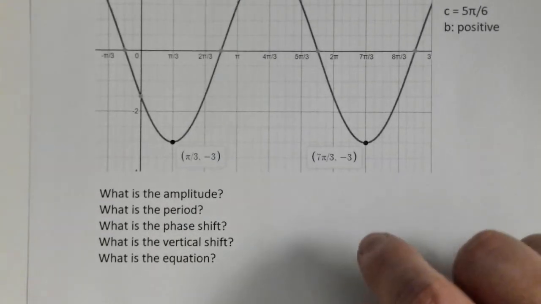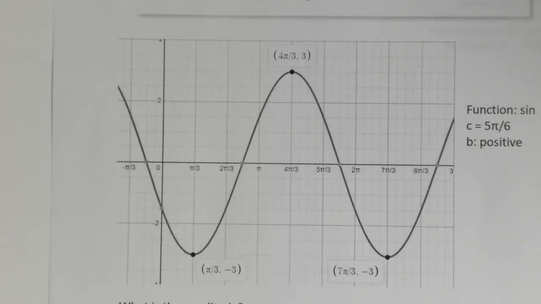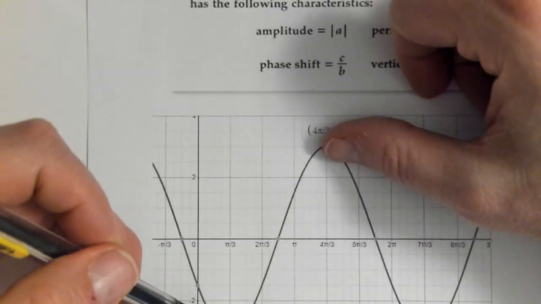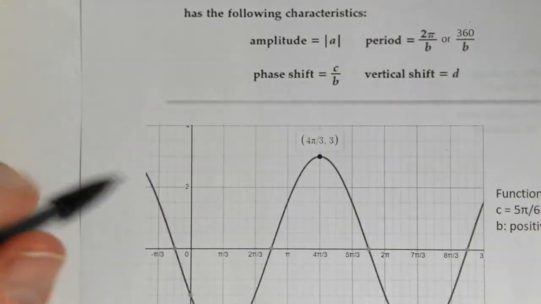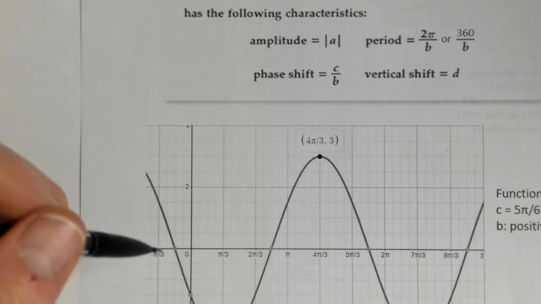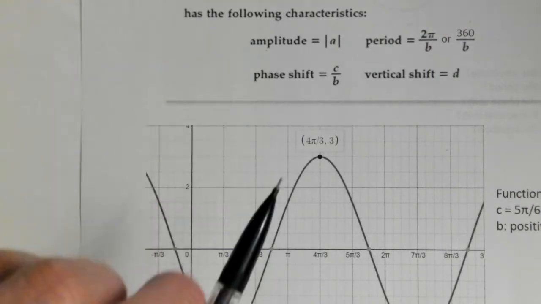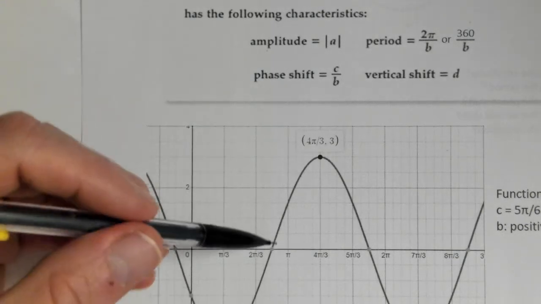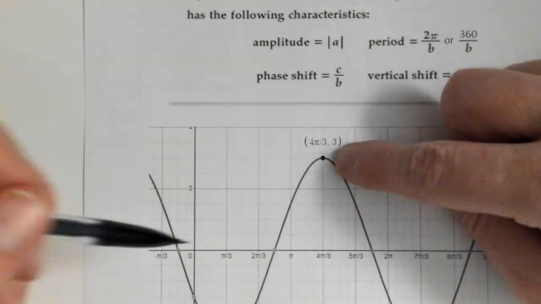The first one is, what is the amplitude? Now, when they're asking me for the amplitude, remember, the amplitude is half the difference of the max and min, or the height of half of the wave. Since this one is still pretty well centered on 0, 0, with no vertical shift, I can just count from here to here, and I can see what my amplitude is.